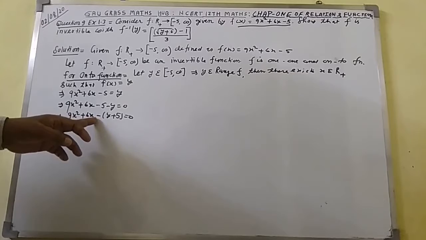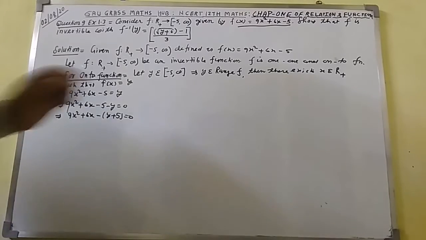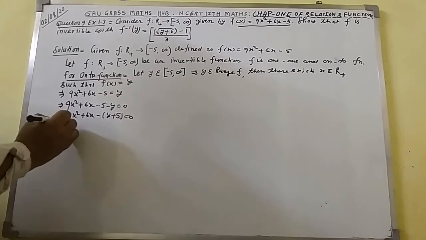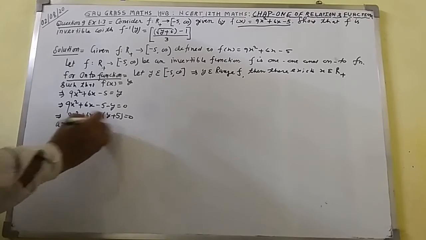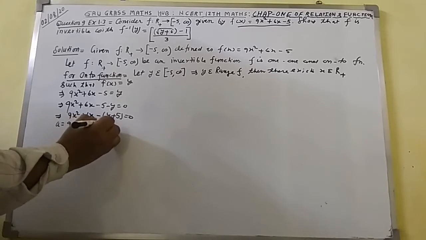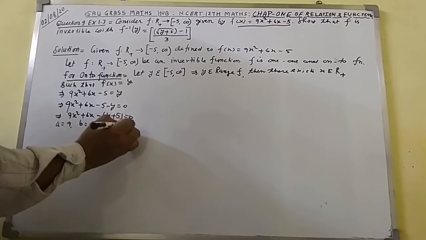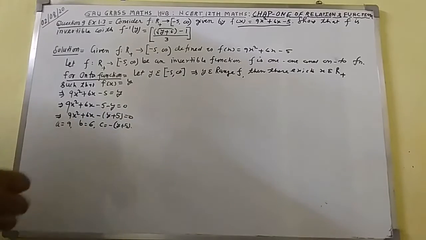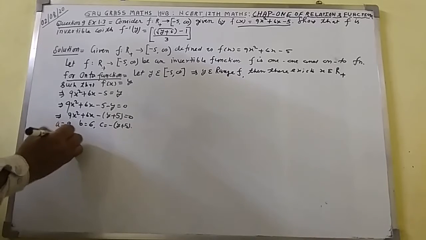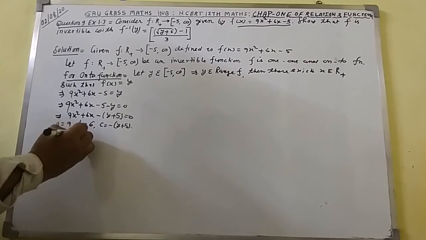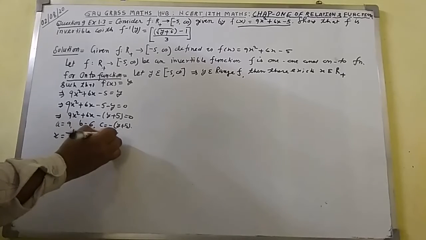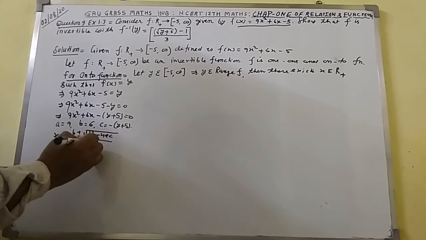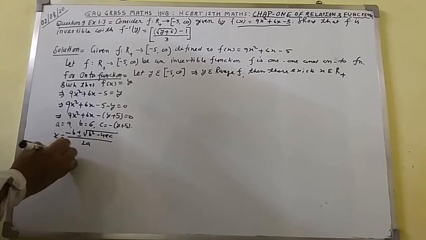Now this is a quadratic equation, so a equals 9, b equals 6, and c equals minus (y + 5). So we apply the formula x = (-b ± √(b² - 4ac)) over 2a, and on that basis we get the value of x.